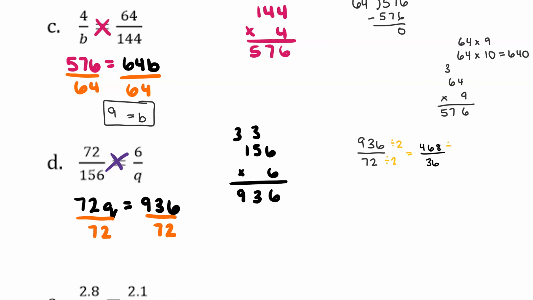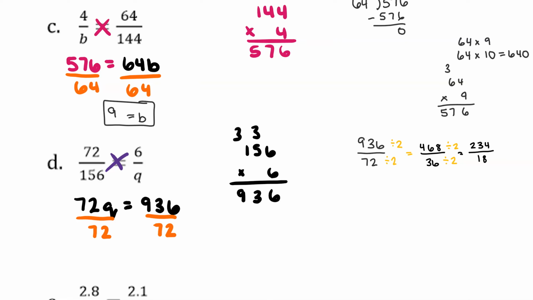So I'm going to divide by 2 again until I get down to numbers that are a little bit easier to work with. So 468 divided by 2 would be 234. And 36 divided by 2 would be 18. Hey, those are still both even.